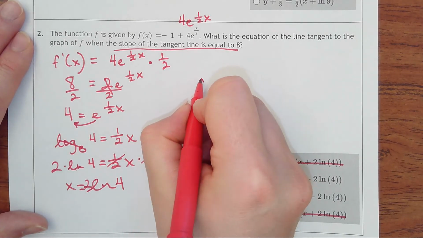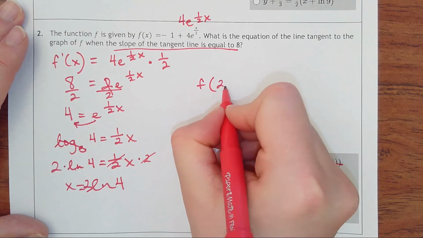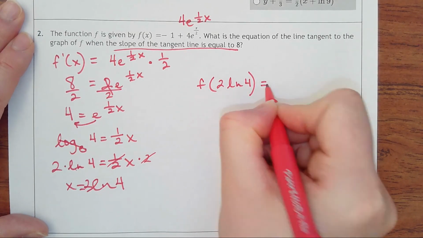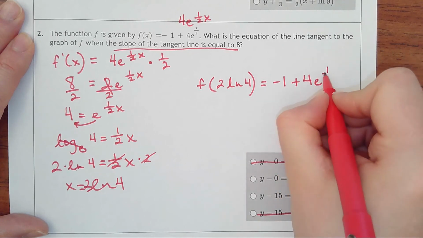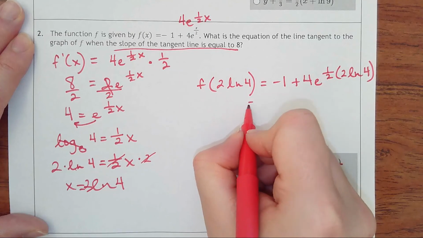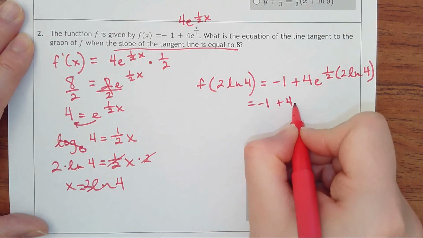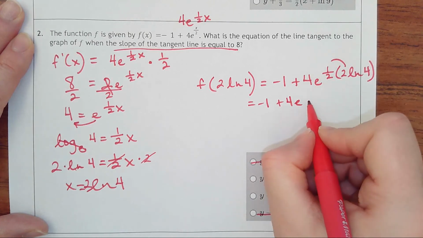So I'll plug in our x value that we just found, 2 natural log of 4: -1 plus 4e to the 1/2 times 2 natural log of 4. Simplify. That'd be 1/2 of 2 is 1.